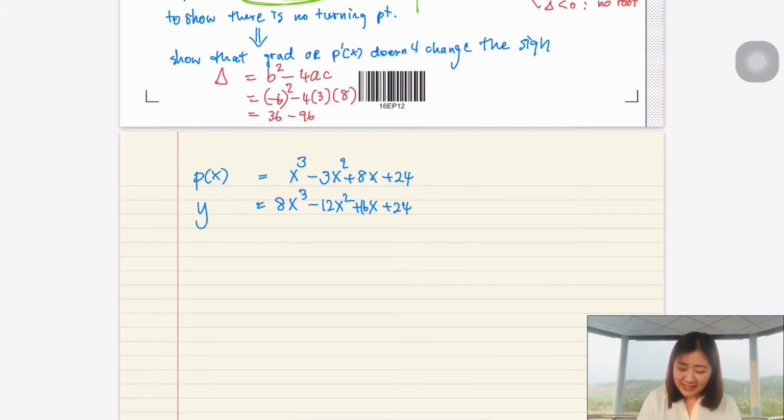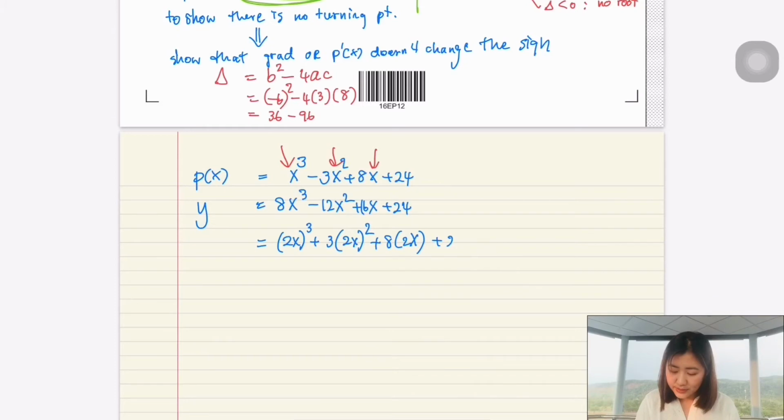I would replace every x I see here by 2x. So from p(x), it becomes (2x)³ − 3(2x)² + 8(2x) − 24, right? When you simplify it, you get this.